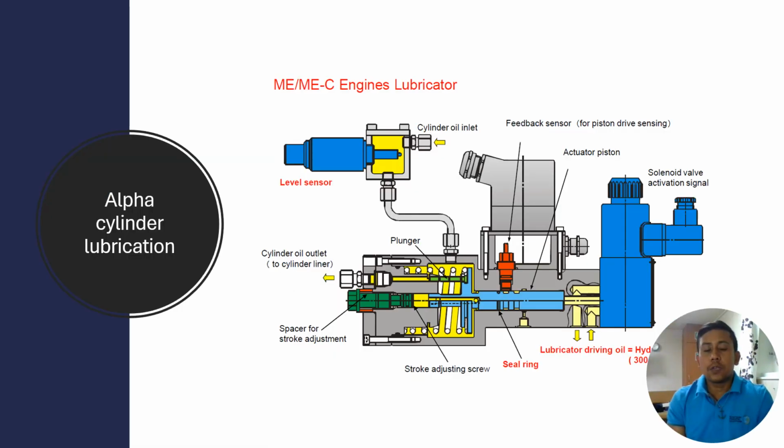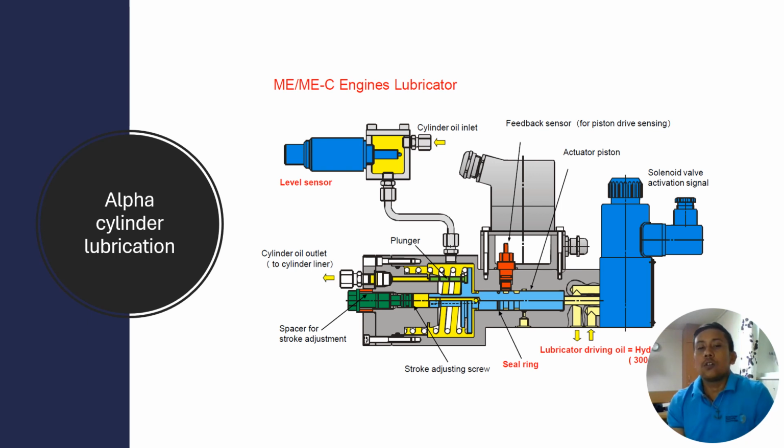Alpha cylinder lubricator. The construction of this lubricator in MC and ME engines is almost the same, but the basic difference is that the driving oil is high pressure hydraulic oil, and the direction of the hydraulic oil is controlled by a solenoid valve, which receives a signal from the CCU, cylinder control unit.